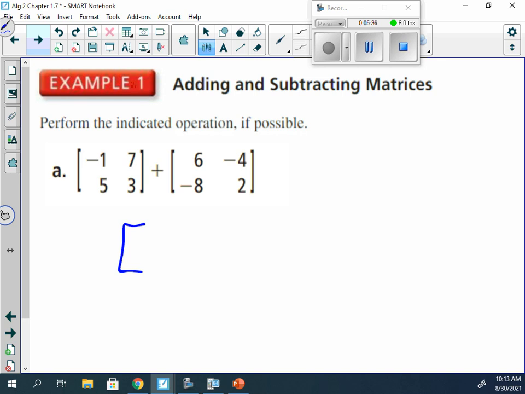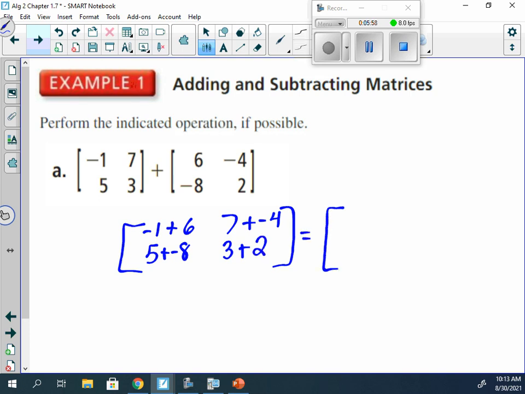So we have a 2 by 2 and a 2 by 2. So can we add these? So we'd have -1 plus... -1 plus 6 is? 7 plus -4. 3, yes. 5 plus -8. 5 minus 8 is?